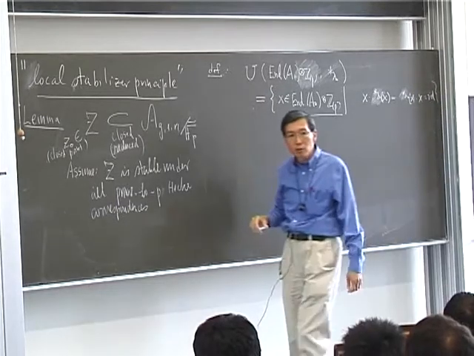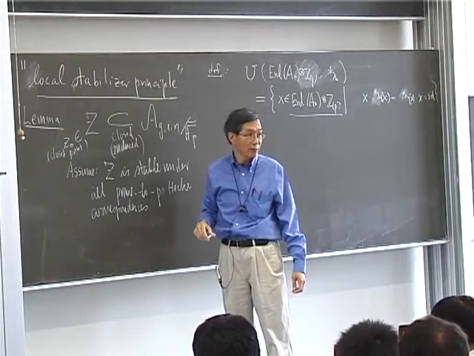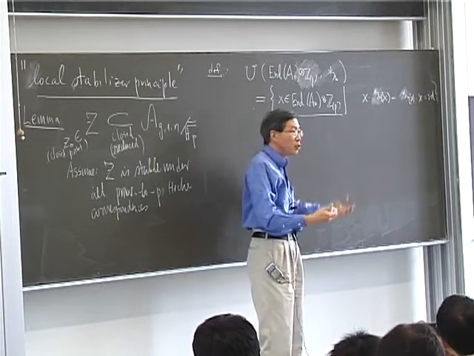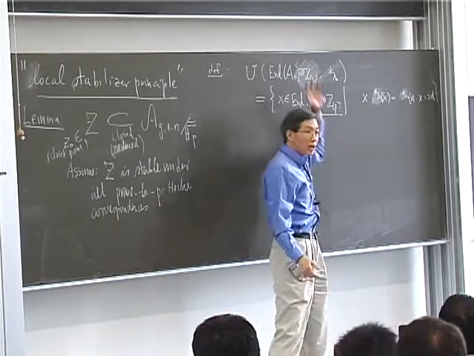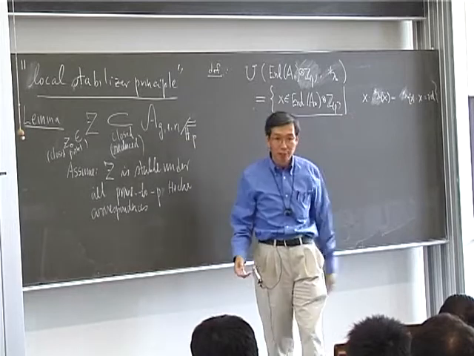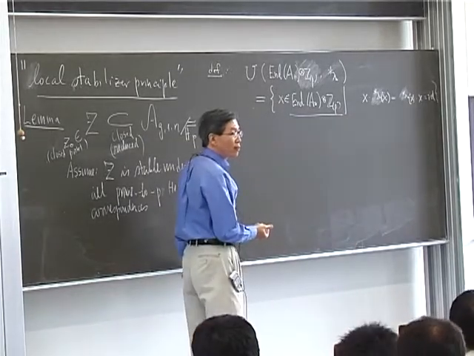So this is a standard unitary group construction. These are the quasi-isogenies which are compatible with the polarization. There's nothing else but that.